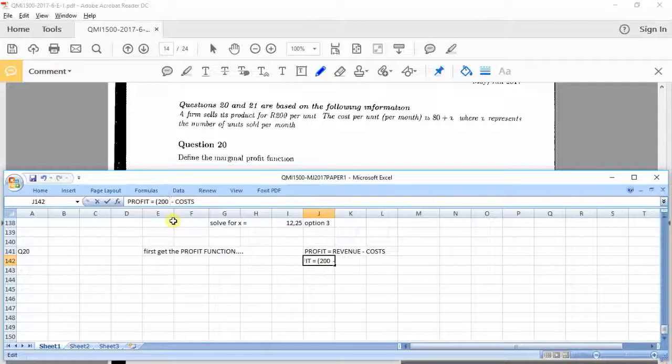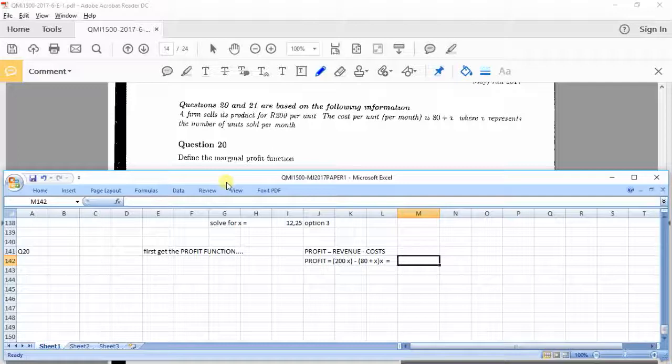The revenue here is what? 200 Rand per unit, so 200 times what? Where x represents the number of units sold per month. So 200x. The cost per unit per month is 80 plus x. So the costs would have been 80 plus x times x.